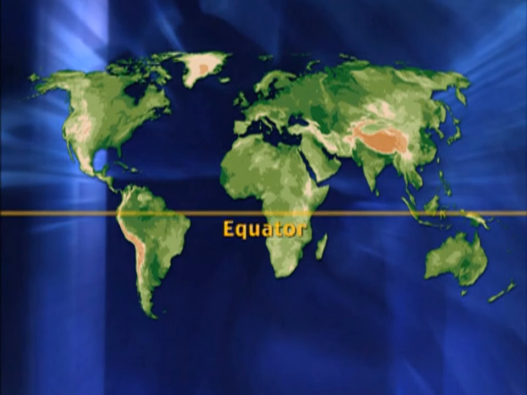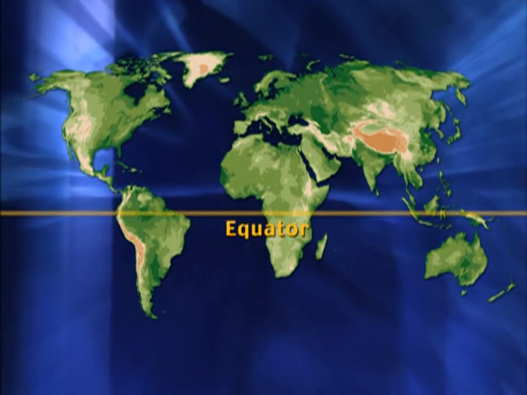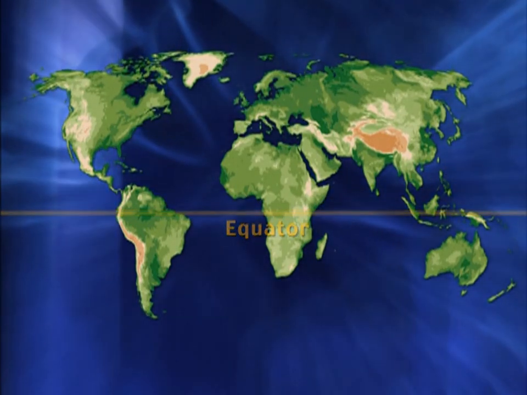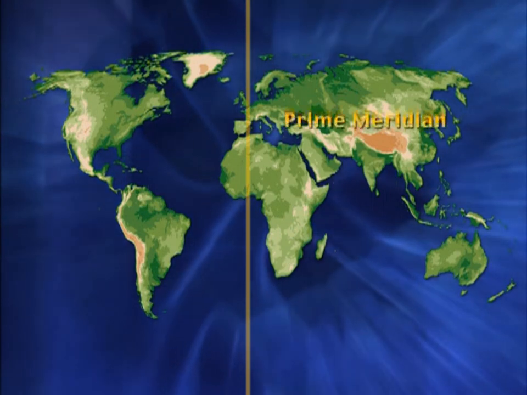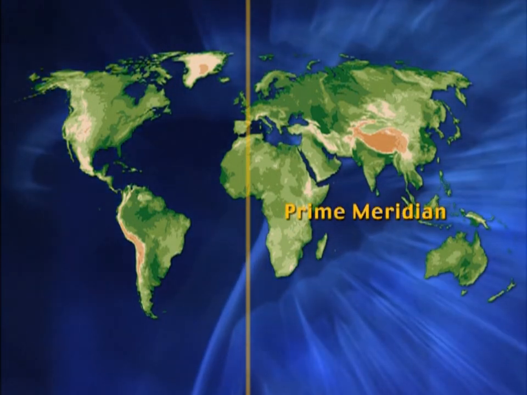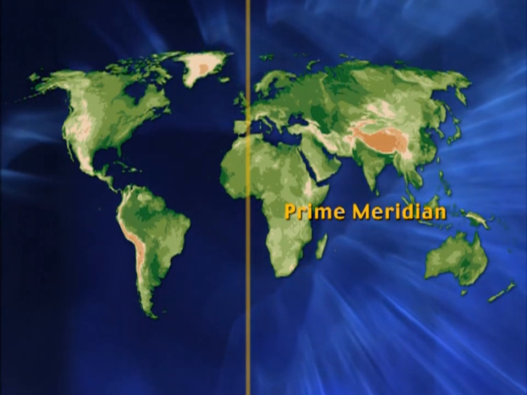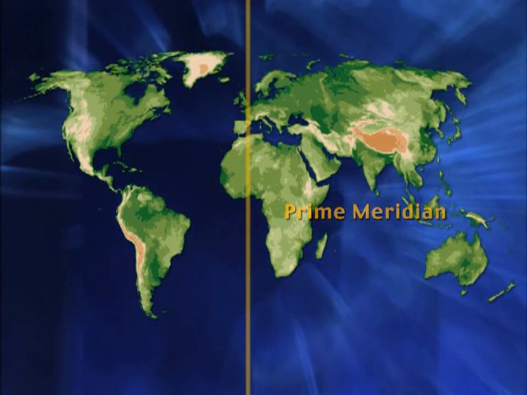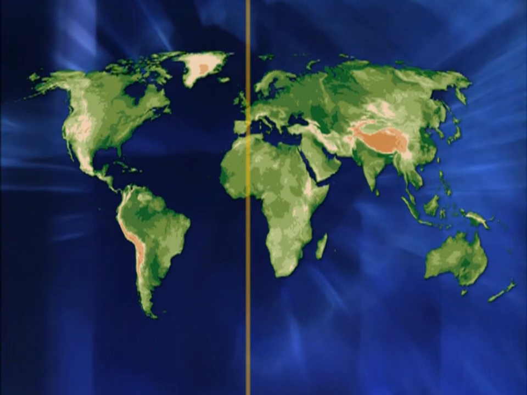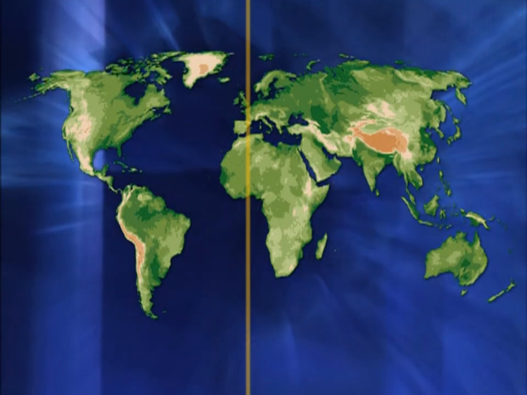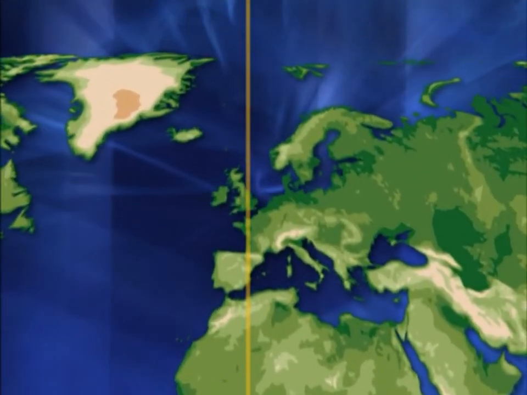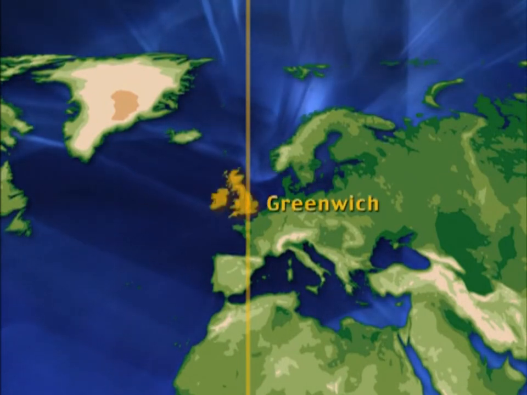The equator is an imaginary line that divides the Earth into the northern and southern hemispheres. The prime meridian is another imaginary line. It runs from the North Pole to the South Pole and divides the Earth into eastern and western hemispheres. In 1884, a group of geographers decided that the prime meridian would run through Greenwich, England.